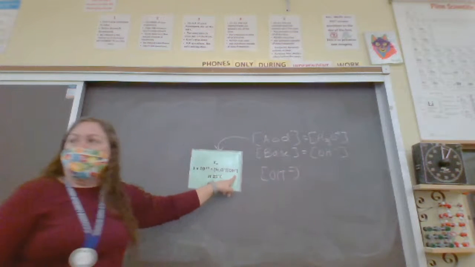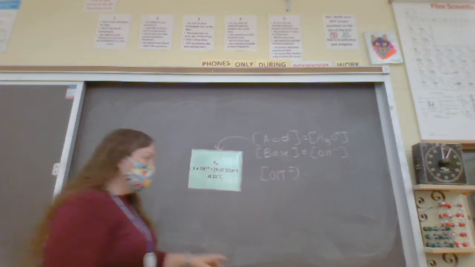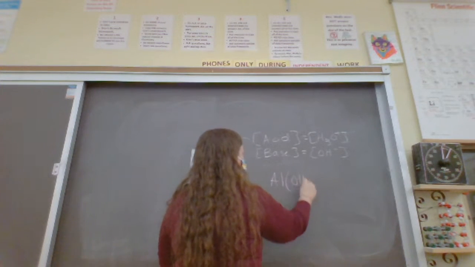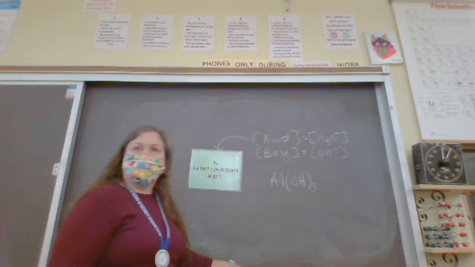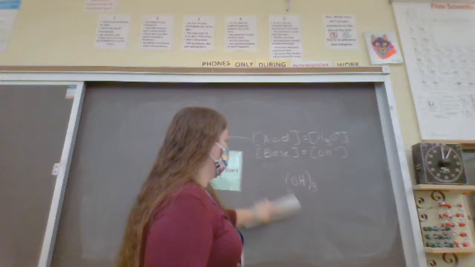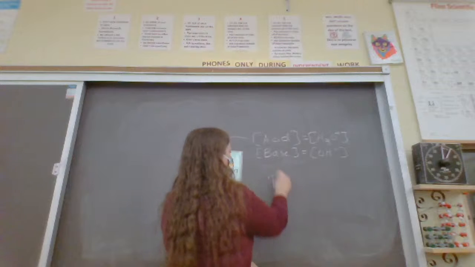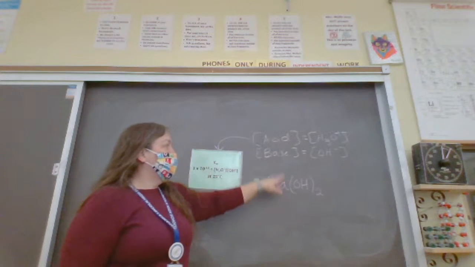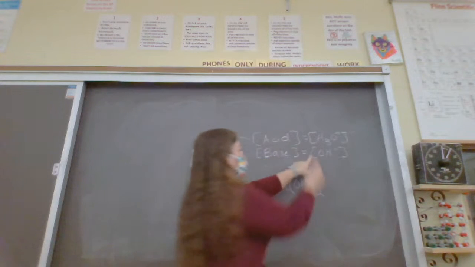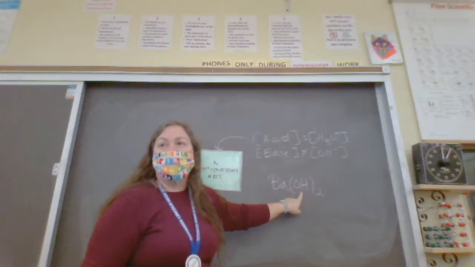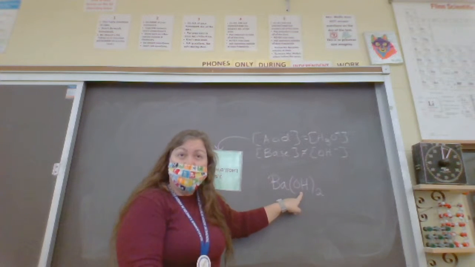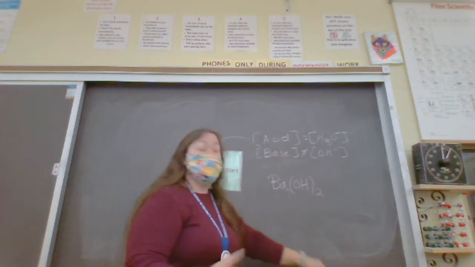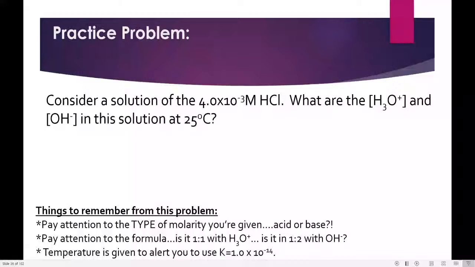So you can just plug that in for hydroxide. Be careful, though, if that formula looks like something like that. Actually, that's a terrible example. Let me not do that. How about this one? Then the concentration of the base is not quite equal to the hydroxide. The hydroxide would be double the concentration of the base because of that 2 there. So we would just want to look at a practice problem that kind of uses that logic.